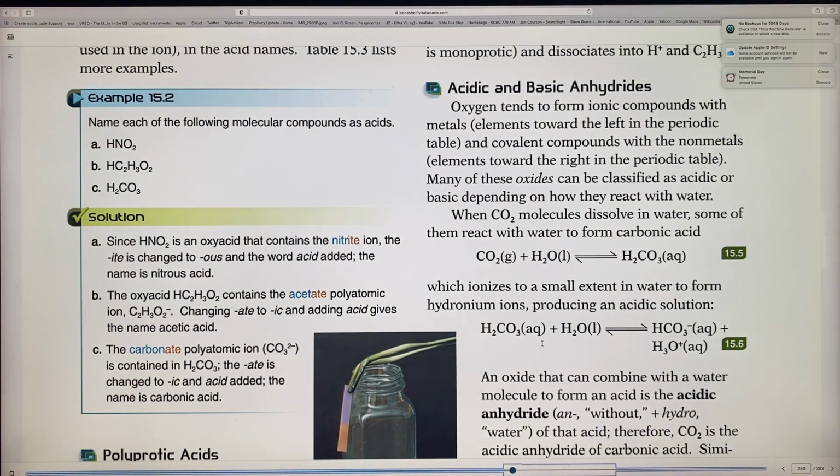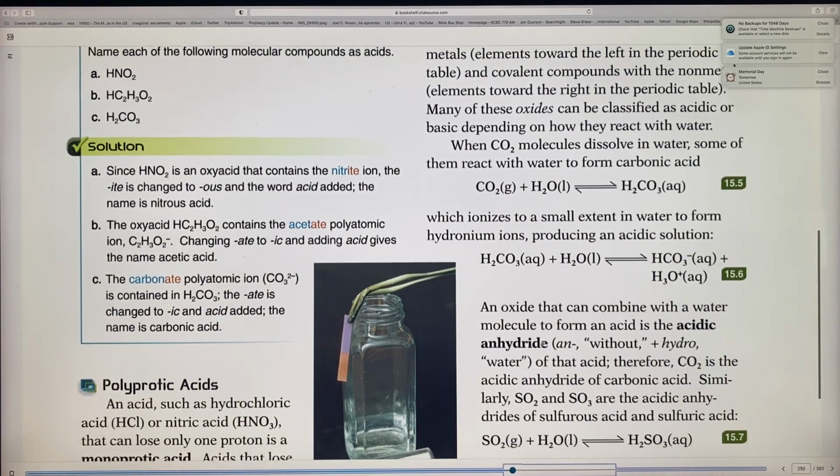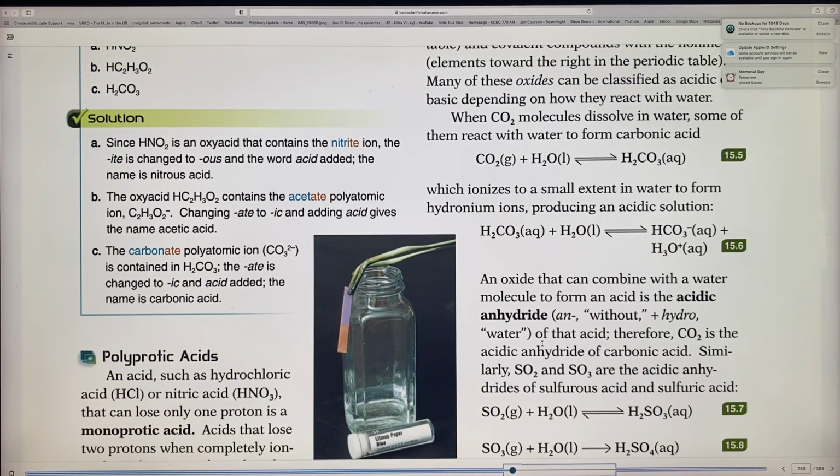An oxide that combines with water to form an acid is called an acidic anhydride. So just think, when water is combining with carbon dioxide or something, that's going to be called an anhydride. Anhydride means without water, but as it's combining, it forms that acid. Therefore carbon dioxide is going to be the acidic anhydride of carbonic acid.